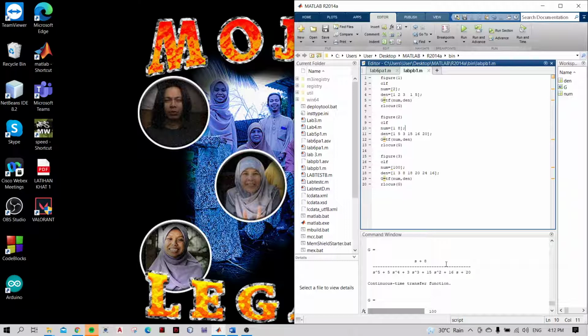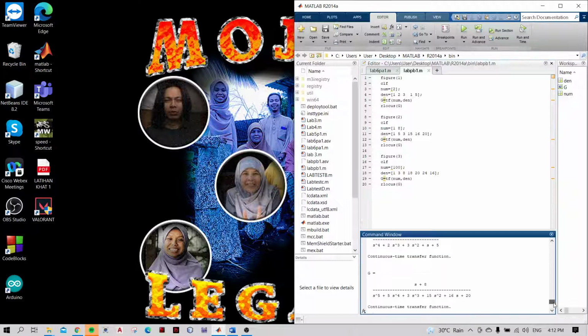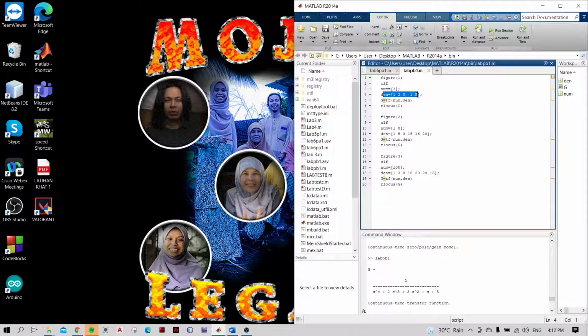And then the first transfer function, this is the numerator and the denominator, we put it here in the coding, and this is the transfer function that I get.